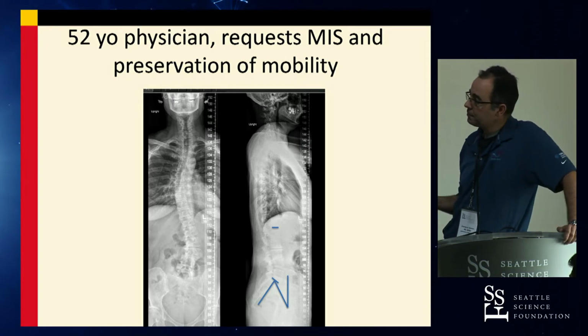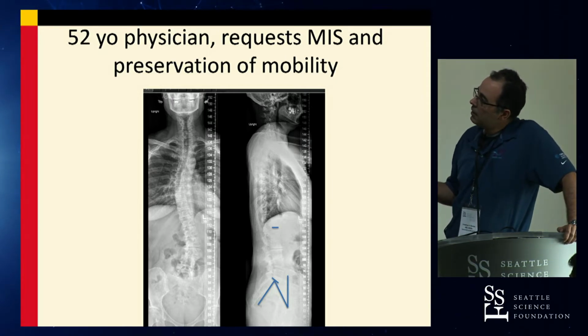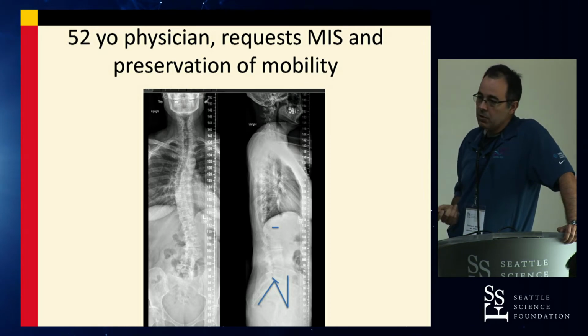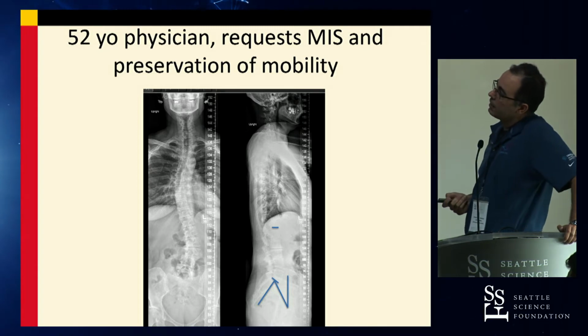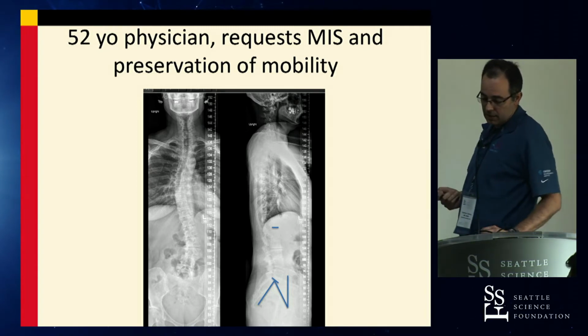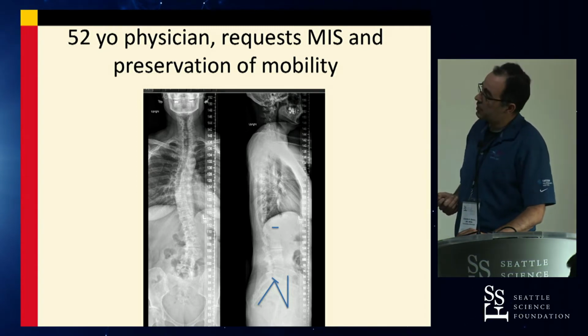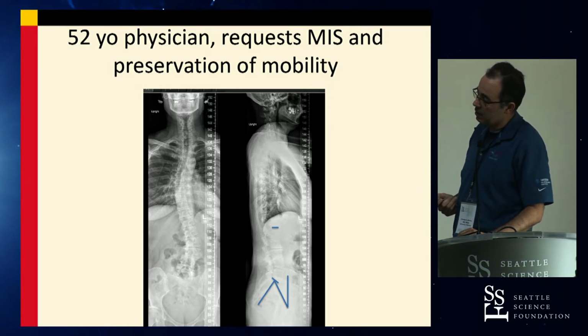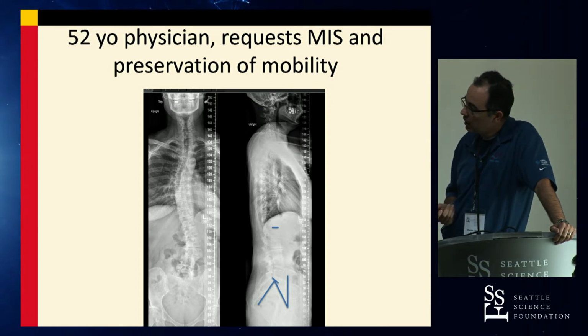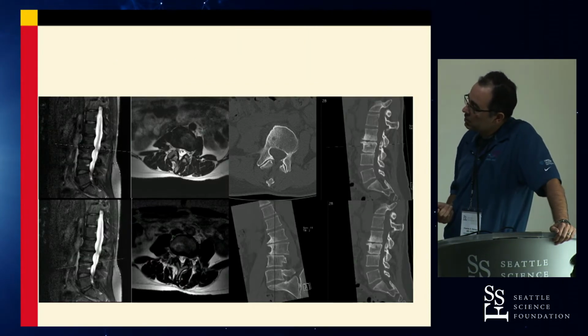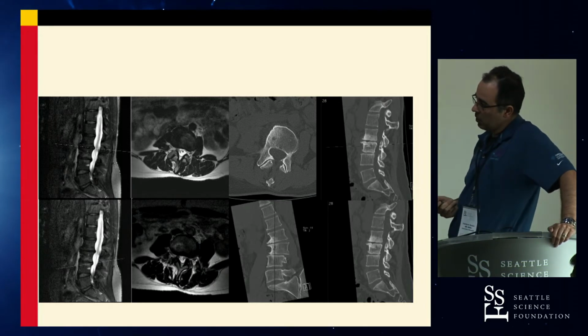So this is a 52-year-old physician coming in with this scoliotic deformity, requesting minimally invasive surgery and maximum preservation of her mobility. So you can see she doesn't really have a lot of stenosis.